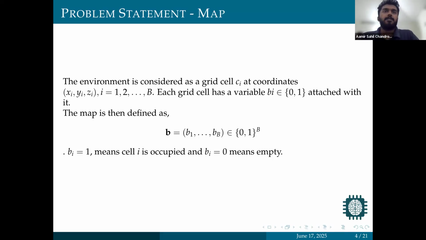The map is defined as a vector of length b, and each element of that vector can be either 0 or 1. When b equals 1, it means that particular cell is occupied, and when it is 0, it means it is empty.